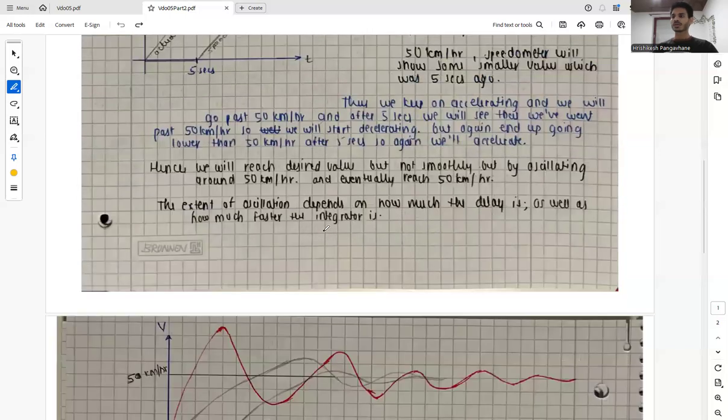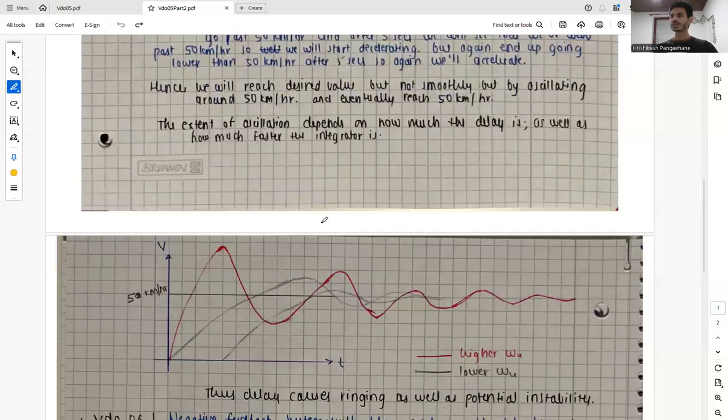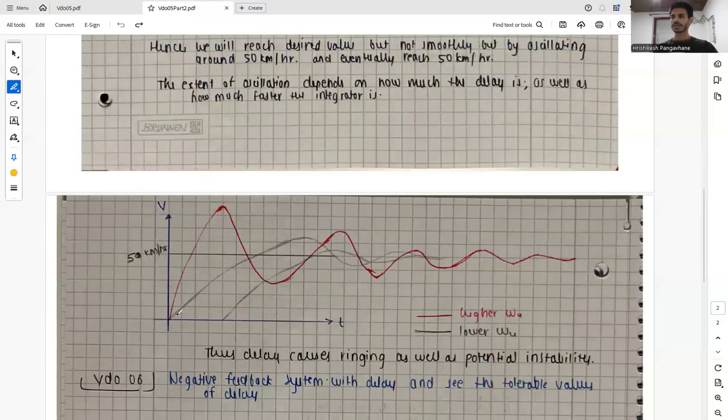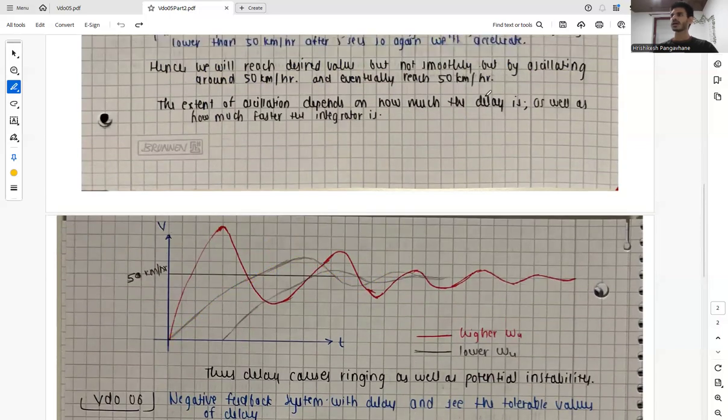To put this in one picture, this is what we studied, and as we said, it depends on the value of the delay as well as how fast the integrator is. What do I mean by how fast the integrator is?